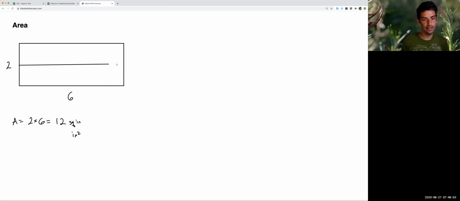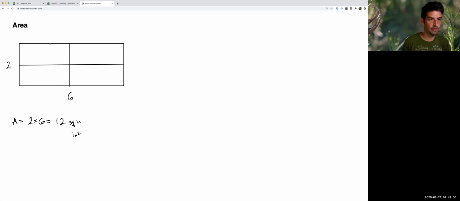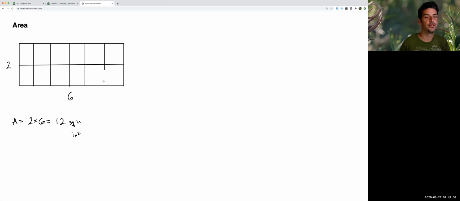Well, we mean exactly what it sounds like we mean. If we say this is 2 by 6, I'm saying it's 2 units long, 6 units wide. So my drawing might not be perfect. Imagine these should be more like squares.